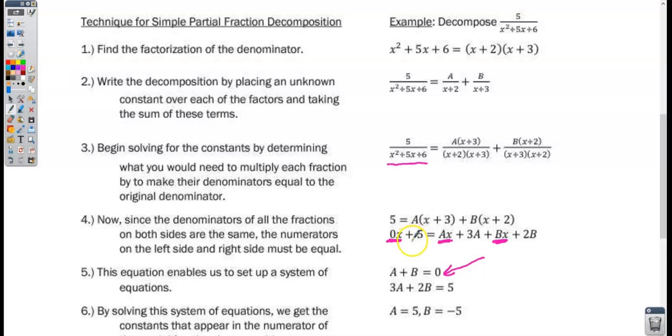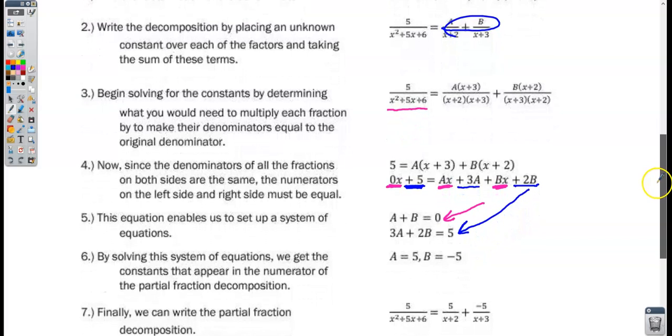We do the same thing with the numbers. The numbers on the left-hand side add up to 5. The numbers on the right-hand side are plus 3a and plus 2b, and that leads us to this equation, that 3a plus 2b is equal to 5. This gives us a system of equations. We then solve this system of equations in order to get the constants that appear in these numerators way up here.